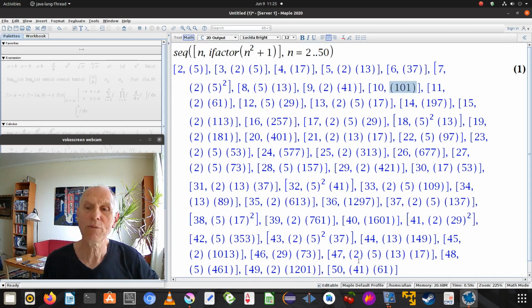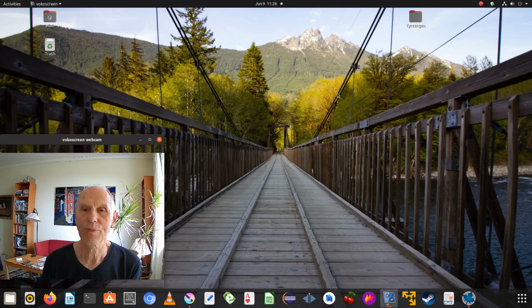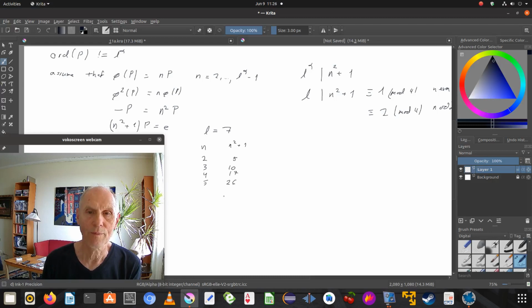Not one of the prime factors is equivalent to 3 modulo 4 or minus 1. So it appears that it is exactly what we must prove, that if L is equivalent to 3 modulo 4, then it cannot divide a square plus 1.